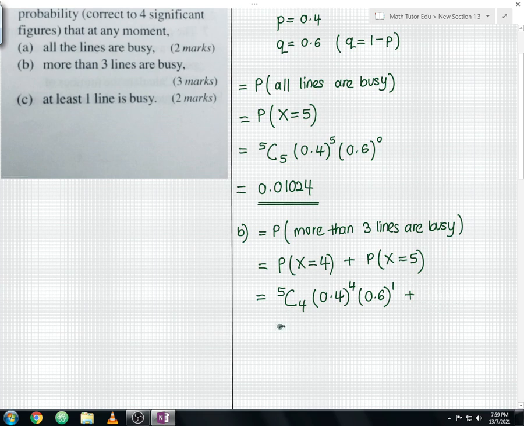Plus 5C5, and then 0.4 to the power of 5, which is the number of success events. 5 minus 5 gives the number of failures, so this is your probability of failure to the power of 0. You calculate the probability X equals 4, and you should get 0.0768.